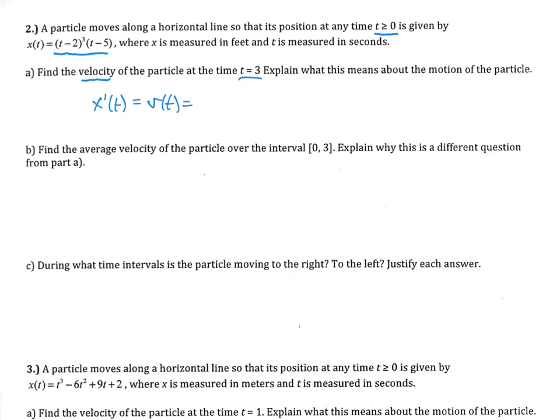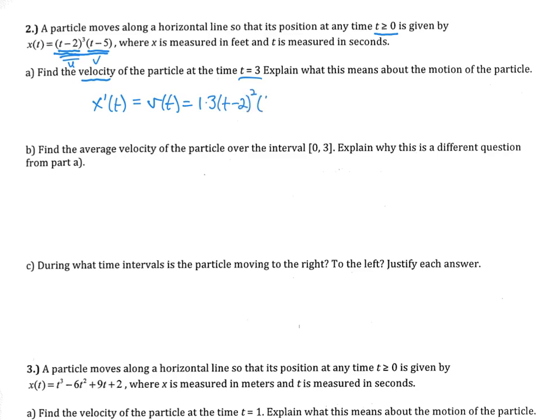And the derivative of this function up here will use the product rule and a chain rule. The chain rule because of the derivative of t minus 2 cubed. So let's start out with the product rule. So I'm going to take the derivative of my u and keep the v the same. So the derivative of the u uses the chain rule. I'm going to have 1 as the derivative of the inside times 3, and then t minus 2 squared.